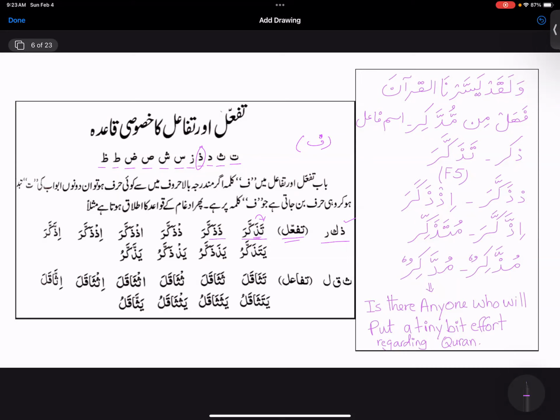Two dhals, as in dhakara. Now when we have two letters the same, what's going to happen? We need to make idgham, right? We need to merge them together. And when we merge two letters together, the first is going to take a sukoon and the next has a harakah, right? This is how it works. So when we do that, we are not able to pronounce this word anymore. We need to bring in a hamza to say it.